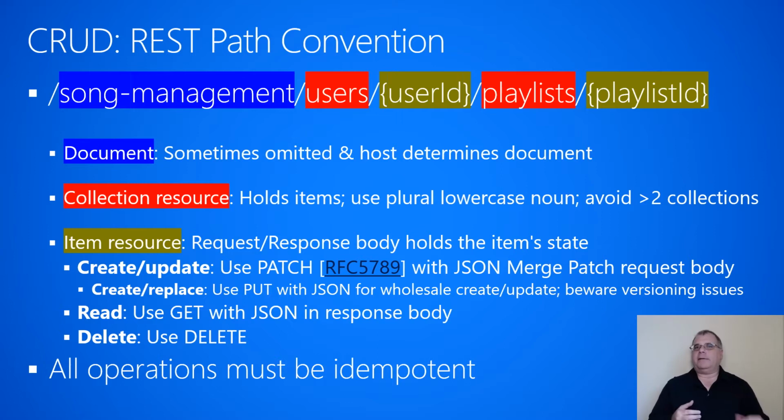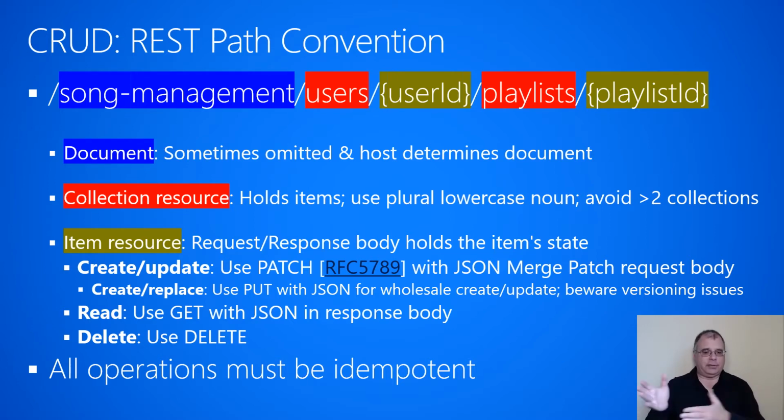Well, if the V1 client does a put operation, it doesn't know about the email address. And so if the email address was set by a V2 client, the V1 client, when it does a put, will erase what was there. It'll erase the email address. And that causes state to vanish.